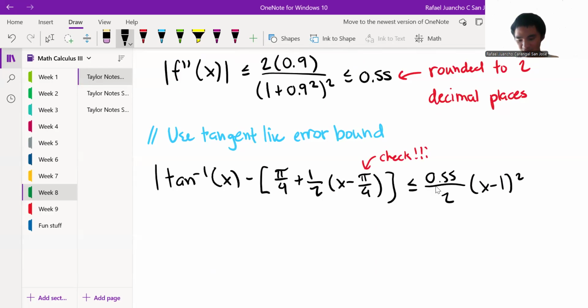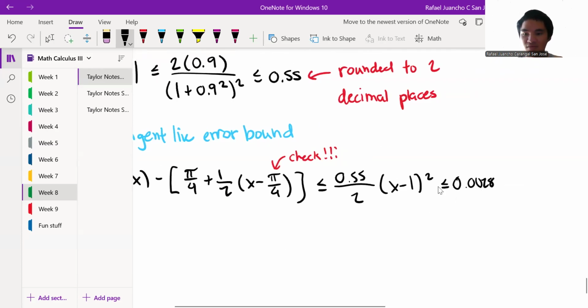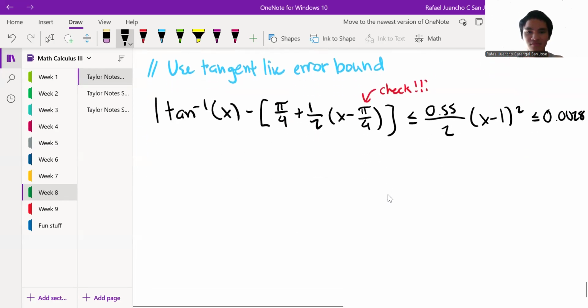What if I plug in the 1.1? Oh, I get the same thing. So around 0.0028. Previously I got 0.00275-ish. And so that's the error bound.